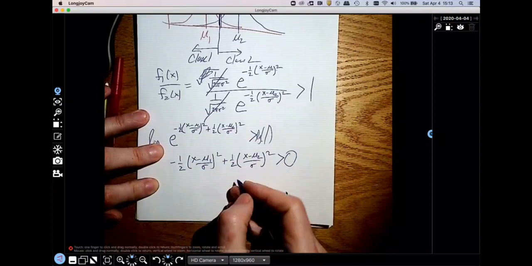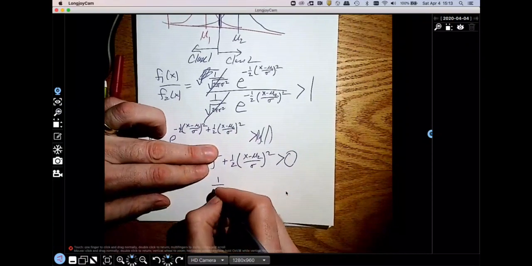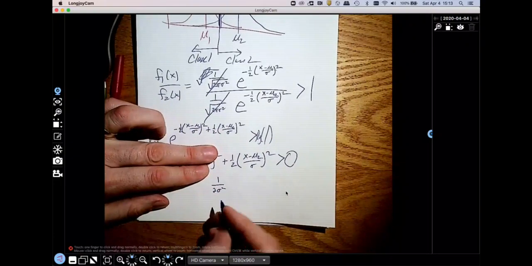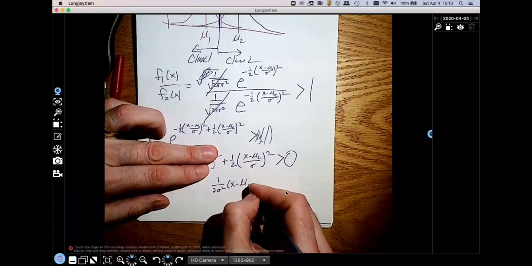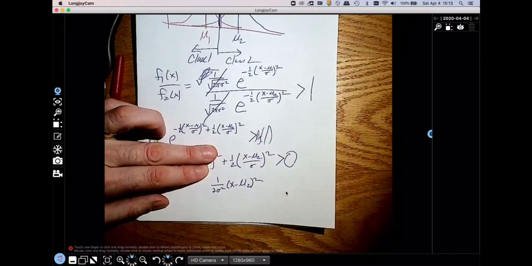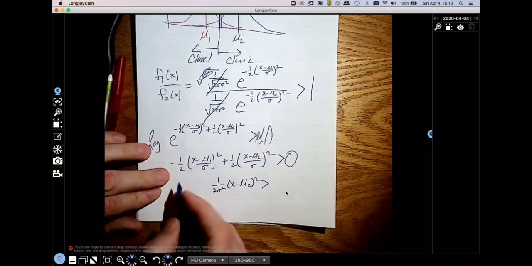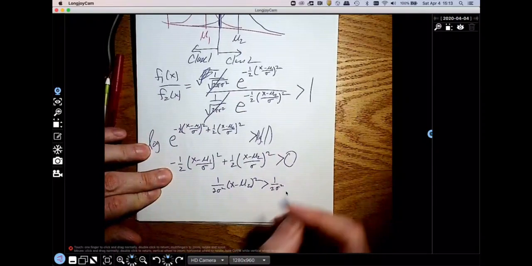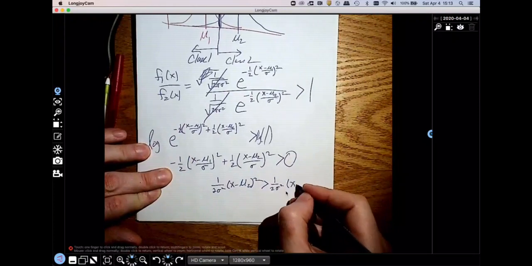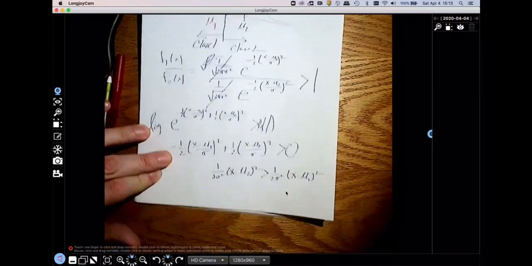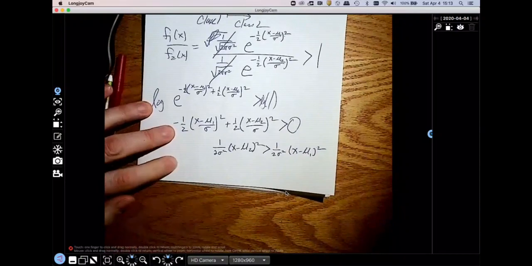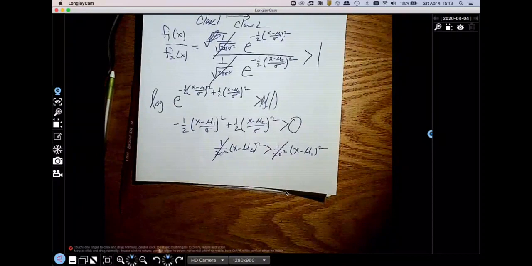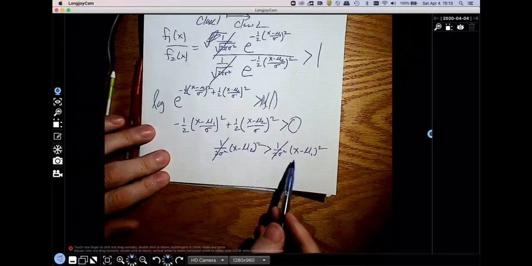So if I do that, I'm left with 1 over 2 sigma squared times (x minus mu2) squared greater than, okay, I'm going to move this over to the other side, 1 over 2 sigma squared times (x minus mu1) squared. Now, notice these terms go away, and we have a fairly simple expression.